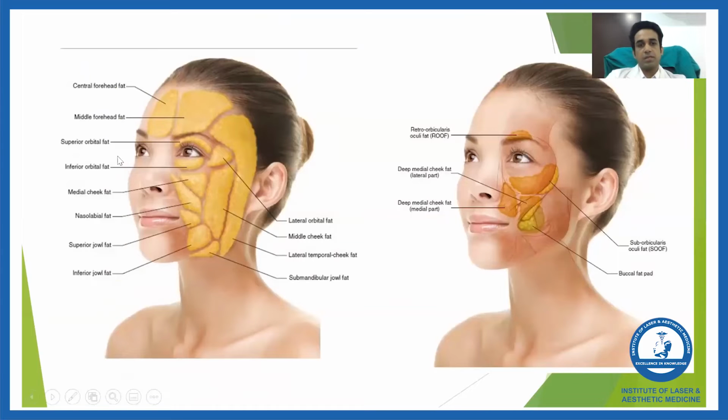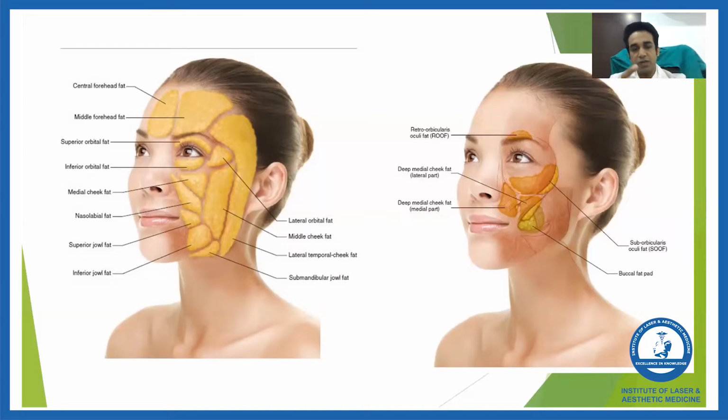Okay, so this is exactly what I was telling you: just beneath the skin, there are fatty compartments which, as you can read, run from the temple all the way to your lateral orbit, to your cheek, to your mandible. These are compartments of fatty pockets made through capsules of collagen.